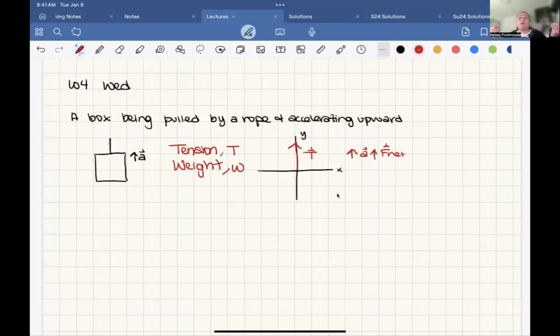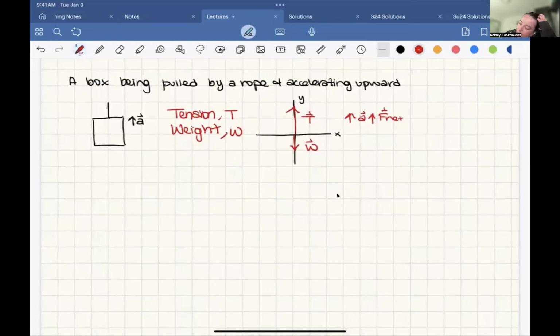And with how vectors work, the vector pointing down needs to be smaller than the vector pointing up in order for there to be a net force up. So we're going to draw the weight force smaller than the tension force. And then we have the free body diagram for a situation of a box being pulled by a rope and accelerating upward.